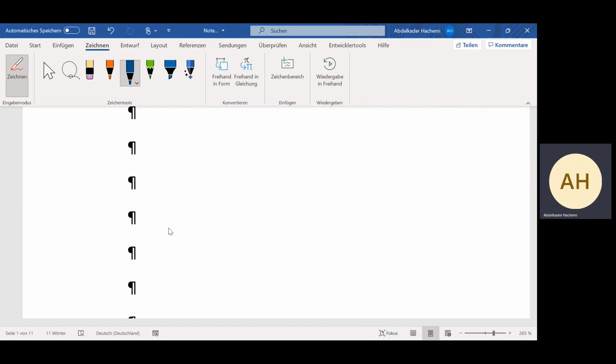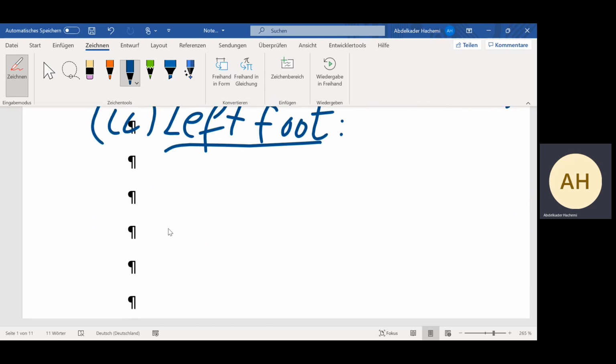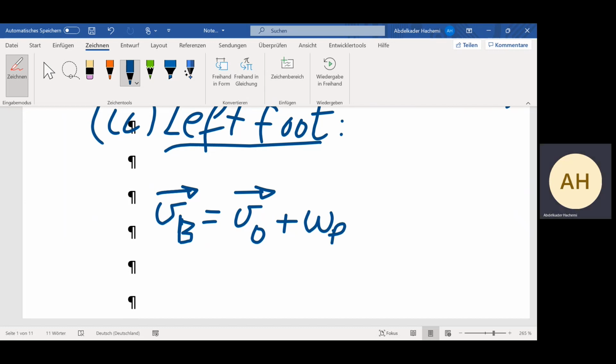Then for the left foot, the same principle as before, we can write VB by VO, of the point O, plus omega L cross R O B.